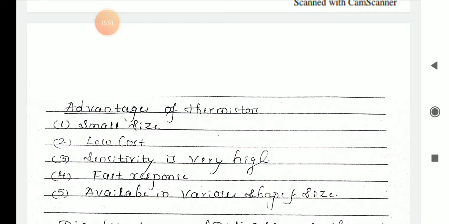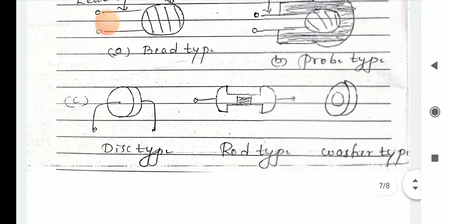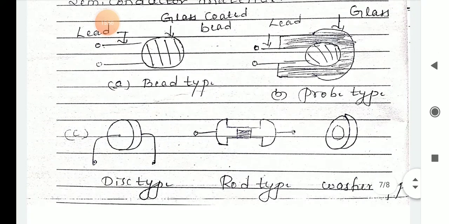The figure shows different types of thermistors. According to the shape as shown, thermistors are bead, probe, rod, disc and washer type. Thermistors have leads for connectivity with circuits. So all thermistors have leads or some connectivity.